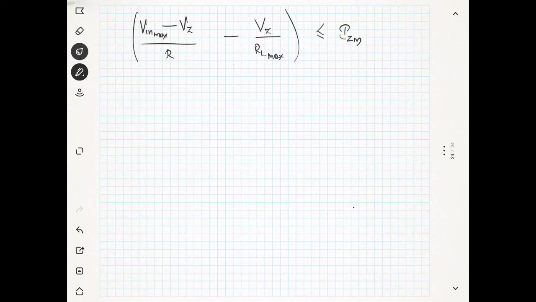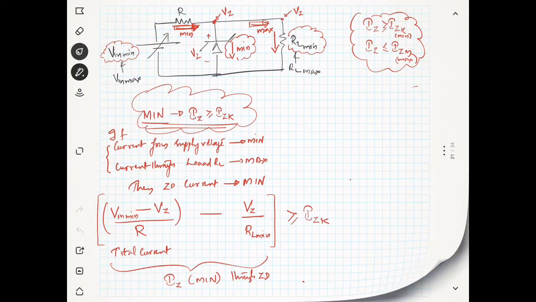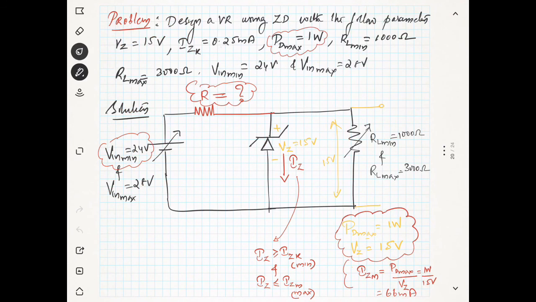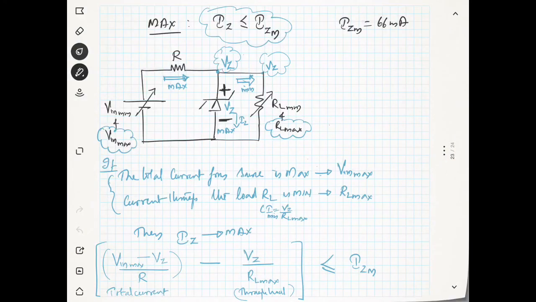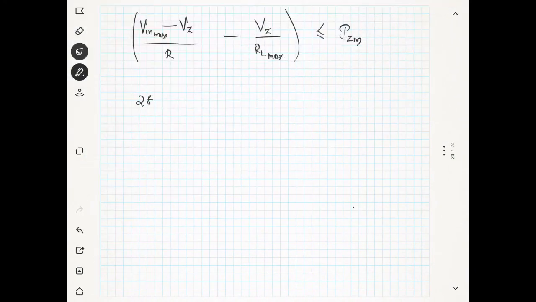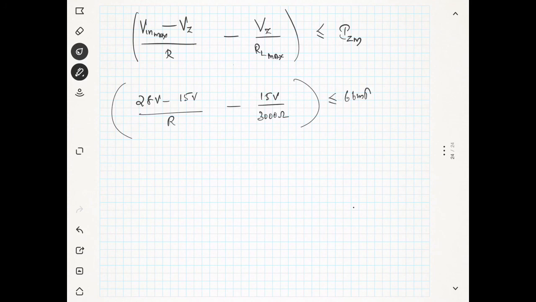We know that Vin maximum, in the problem it was given, you can see here it is 28 volt. So 28 volt minus Vz is 15 volt, divided by R, minus Vz is 15 volt divided by RL maximum which is 3000 ohms, and this number should be less than or equal to 66 milliampere.